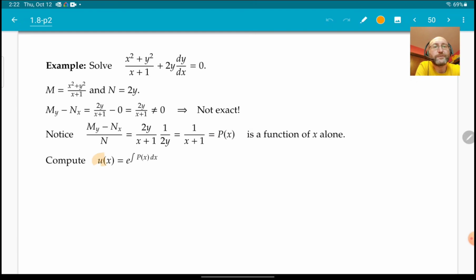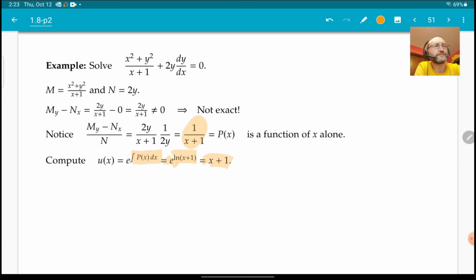All right, so we compute this thing. That was supposed to be the integrating factor. Well, so okay, the integral of p, right? The antiderivative of p is the logarithm, right? And so if log of x plus 1, we take the e, we just get x plus 1.